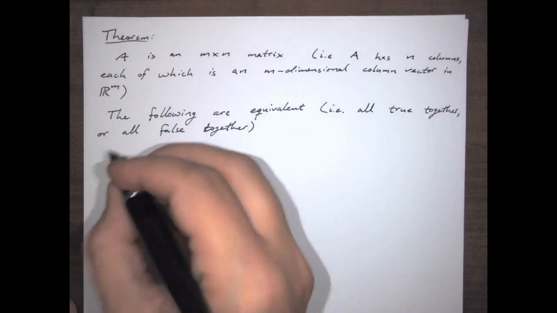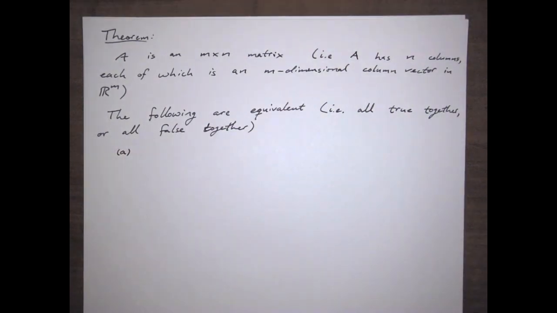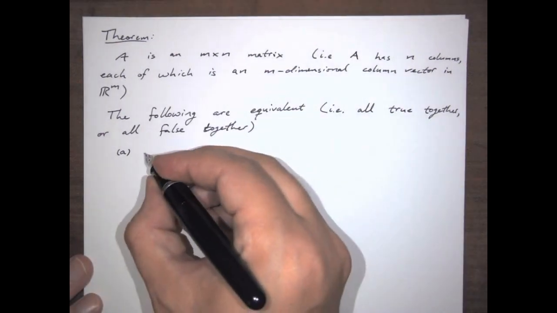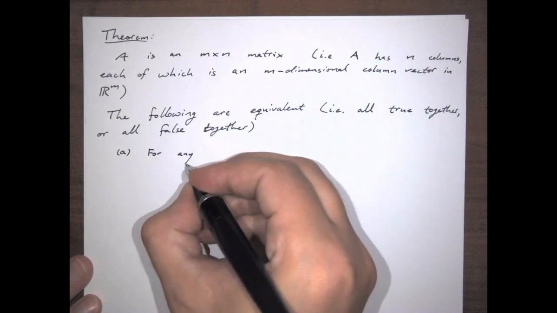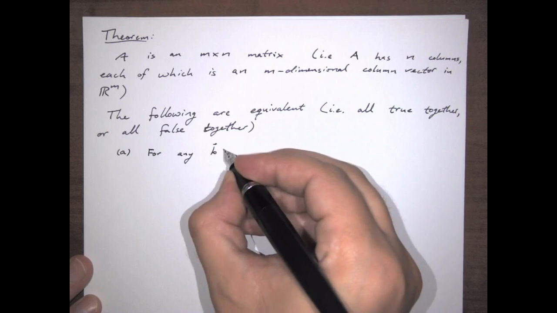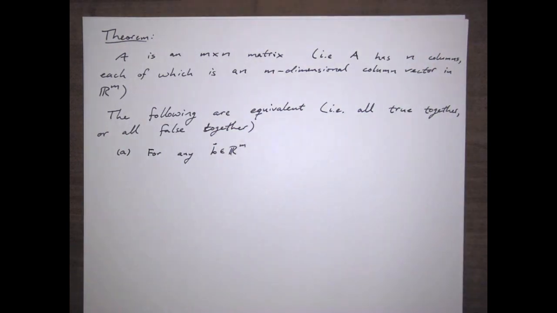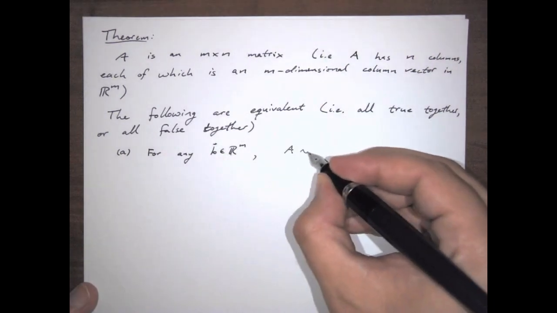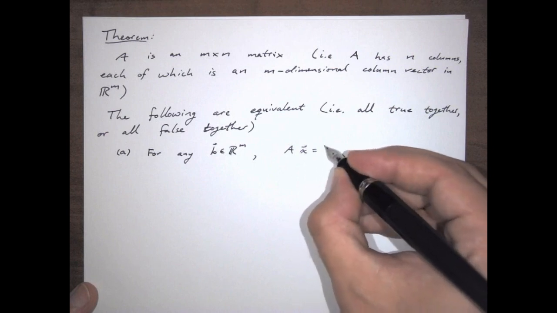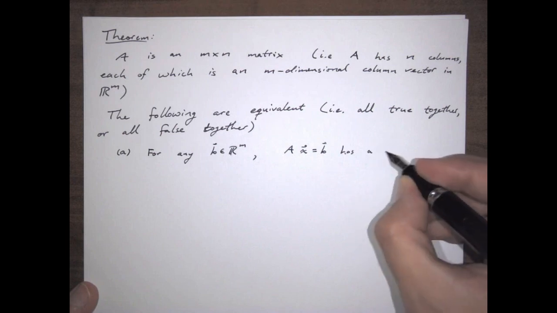So here are 4 statements, each of which is completely equivalent to each of the others. So for any B in Rm, so any m-dimensional column vector, Ax equals B has a solution.